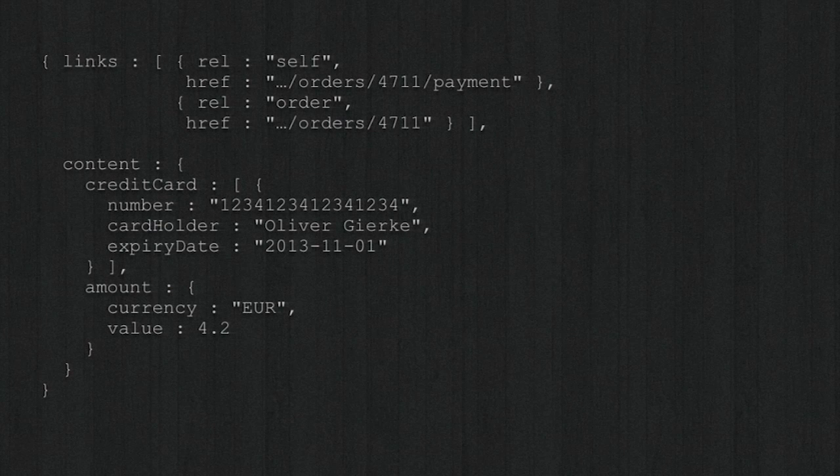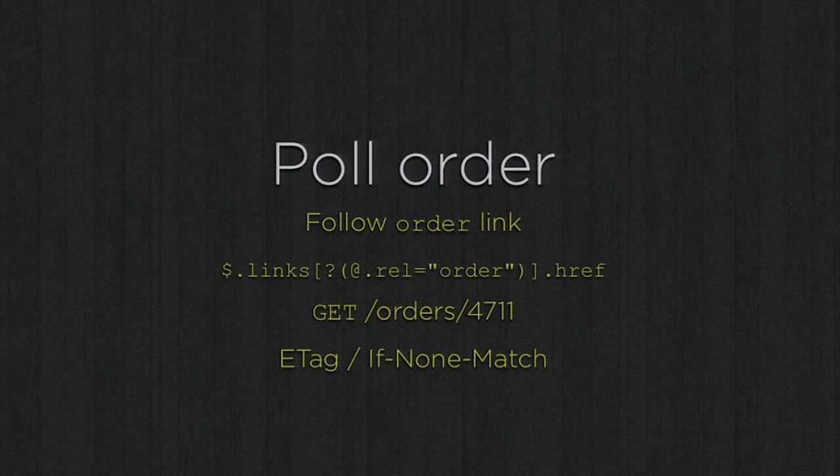We get into that in a second, right? Because what we now actually do, after we've triggered the payment, do you remember that actually triggers the preparation process on the server side?